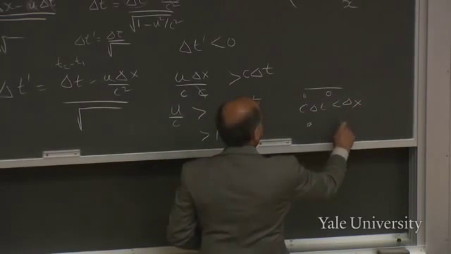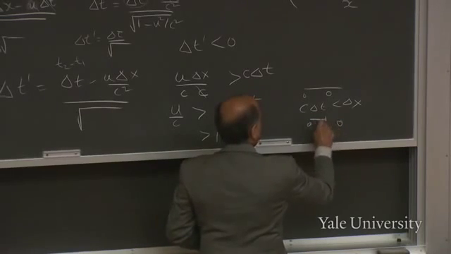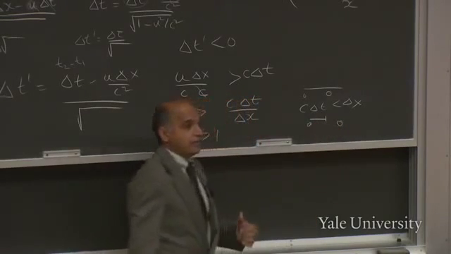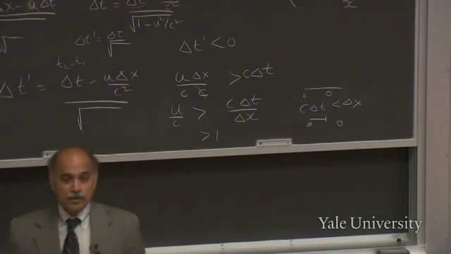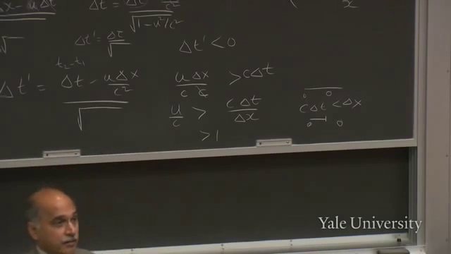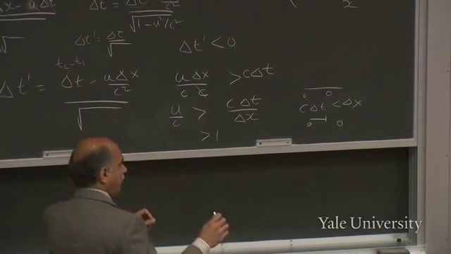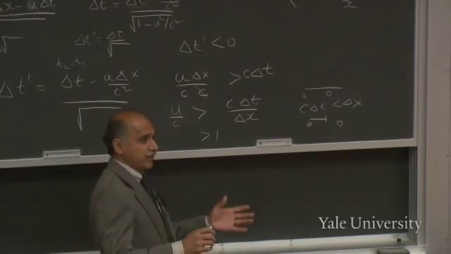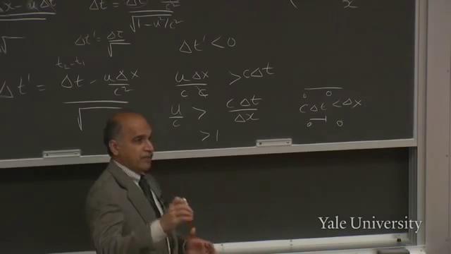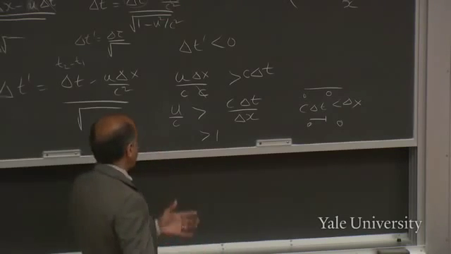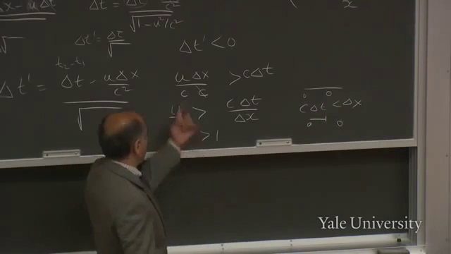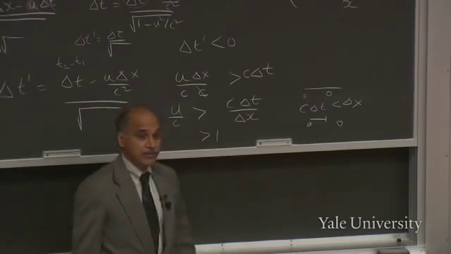That means here's the first event and here's the second event. A light signal could have only gone from there to there in the time between the events. So it is saying that if two events are such that there was not enough time for a light signal to leave the first event and arrive in time for the second event, then we can actually find an observer with a sensible velocity for whom the order of events is reversed.